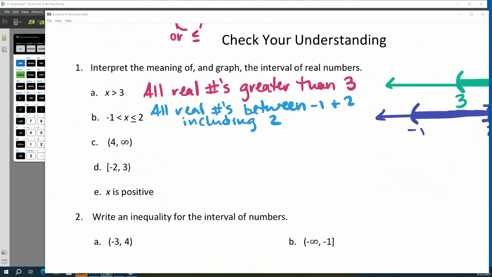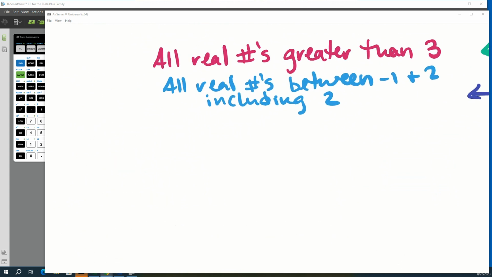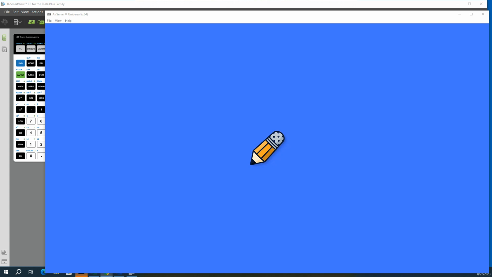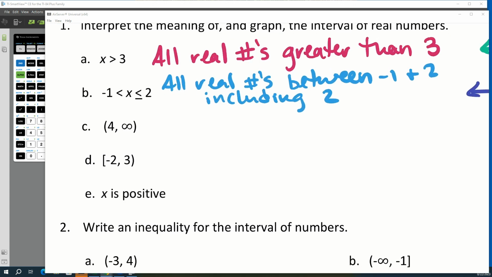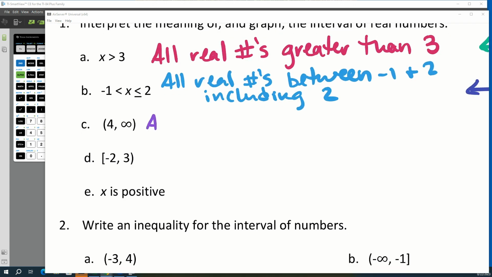Okay, now C is the first one that's interval notation. So this is going to be all of the real numbers that are from 4 to infinity. How can you describe that in a better way? Would you say those numbers, the real numbers, are going to be greater than 4 or less than 4?